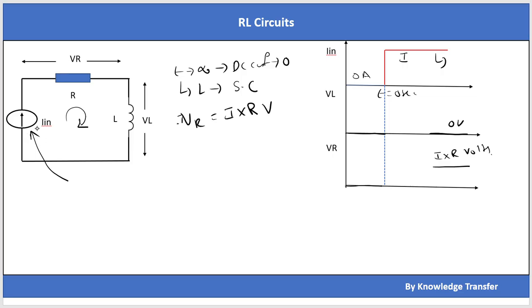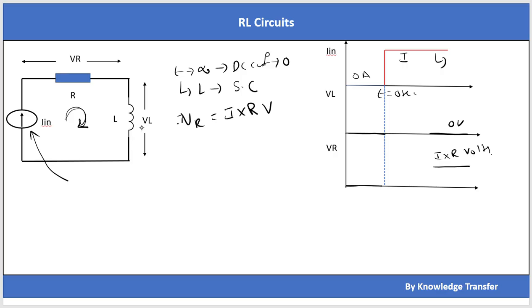So the voltage across the current source can swing from minus infinity volts to plus infinity volts. This is the property because the current source must push current, and because there is no other way, it should go through this inductor only.